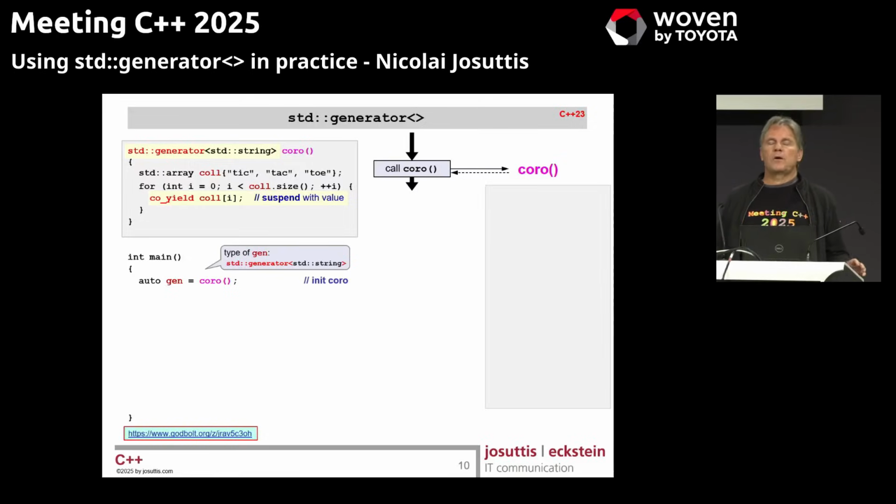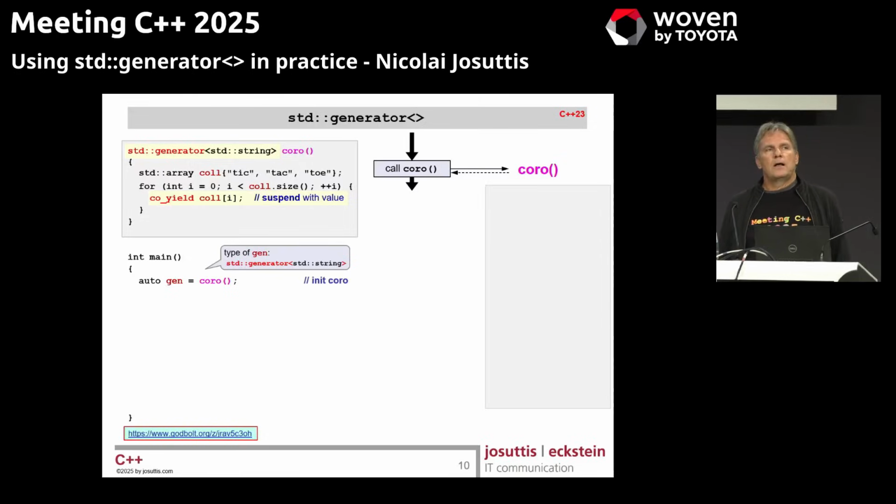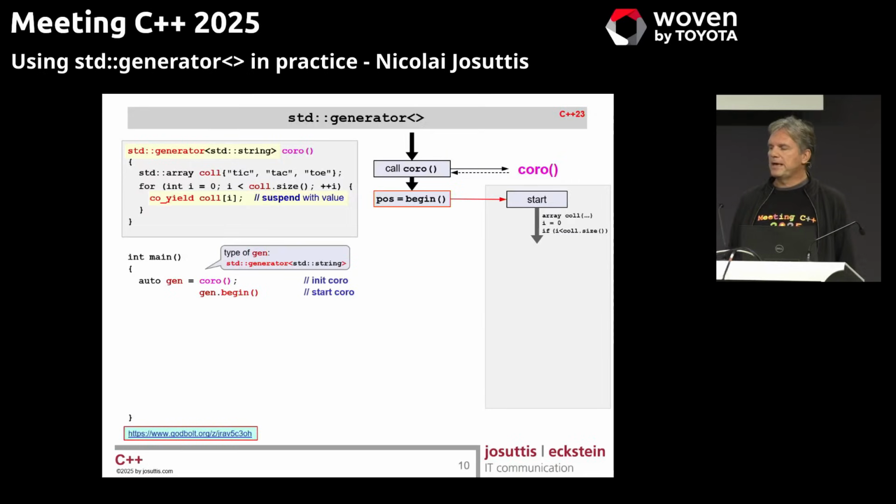Okay, so we can do the usual things. One of the things is we might say, for this object, we can iterate over it, so let's call begin. Begin means let's get the first value from the coroutine. That starts the coroutine. Once again, we don't switch threads.